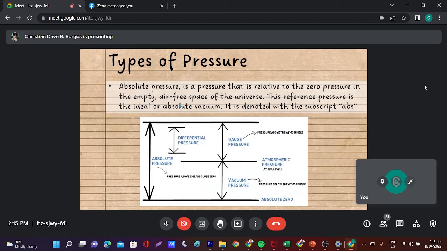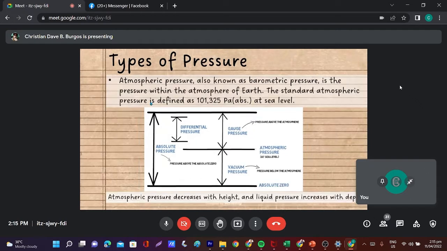So, types of pressure. For the first type, the absolute pressure. By definition, it is a pressure that is relative to the zero pressure in the empty, air-free space of the universe. This reference pressure is the ideal or absolute vacuum. It is denoted with the subscript abs.